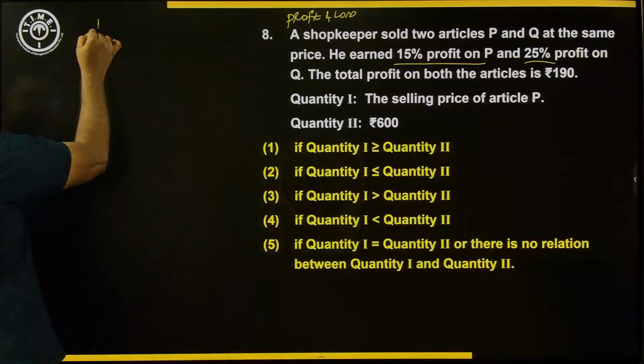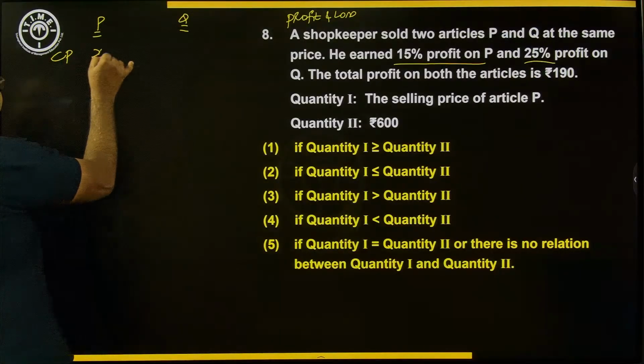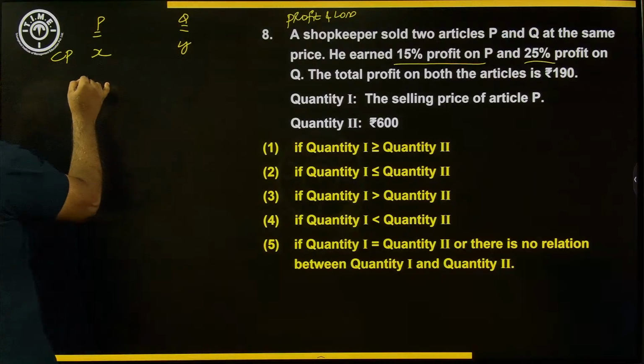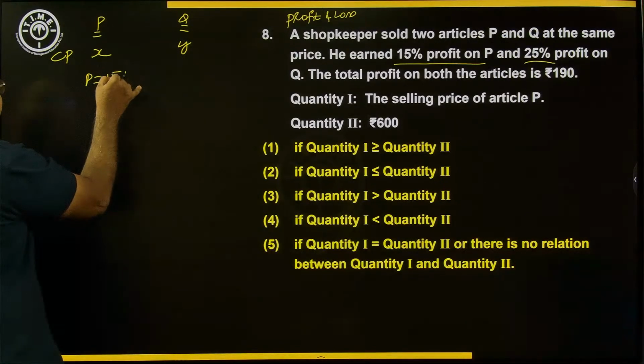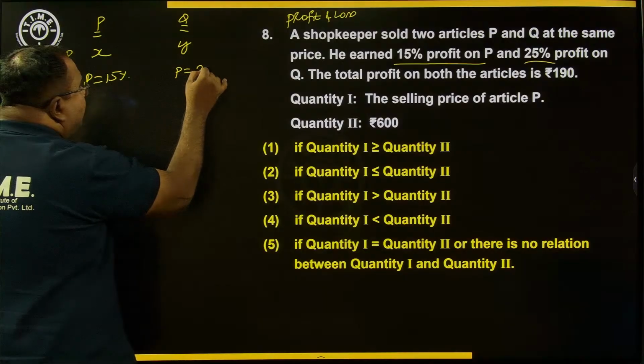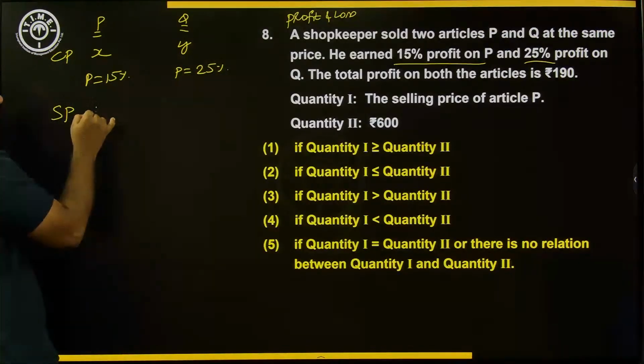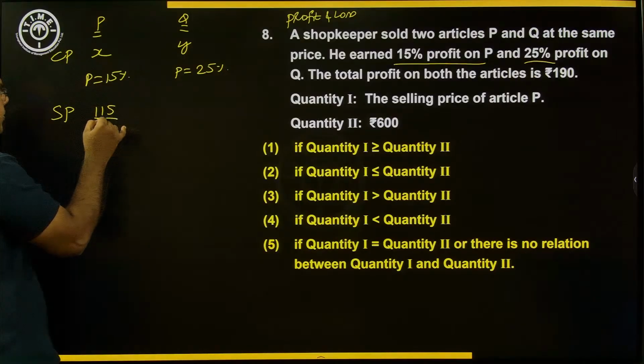Okay, let me take P, let me take Q. Let us take cost price is X here, cost price is Y here. What is my profit here? 15%. Okay, what is my profit here? 25%. So, what is my selling price? 115%. 115x by 100.